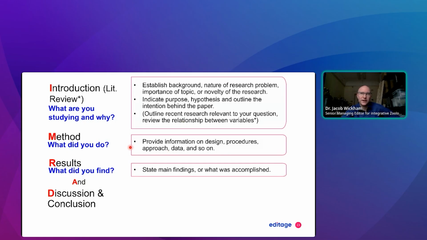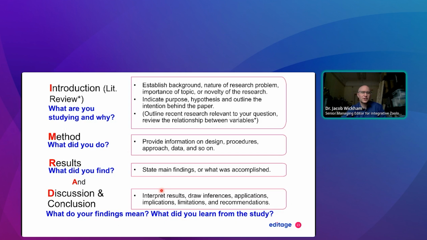You should also have everything be repeatable. One of the central tenets of science and following the scientific method is that you should provide enough detailed information that somebody can repeat your experiment based on the information you give in a scientific paper or your master's thesis or PhD dissertation. Then the results will state your main findings or what was accomplished.